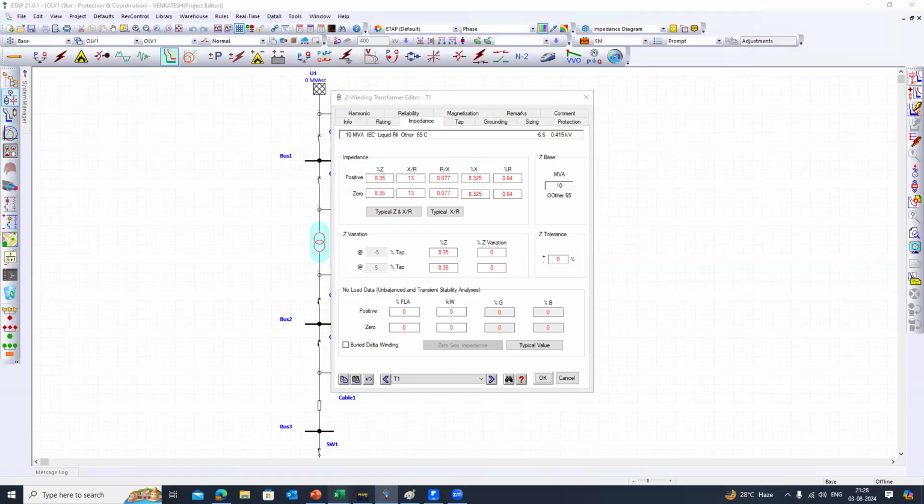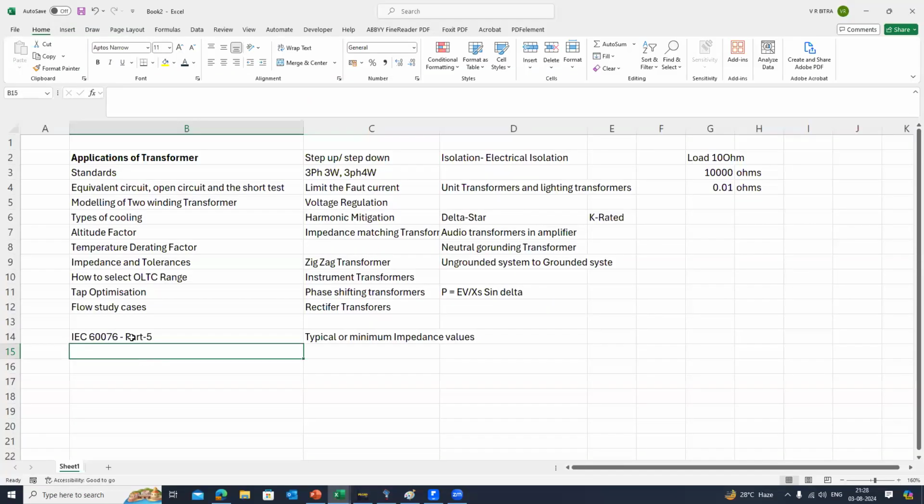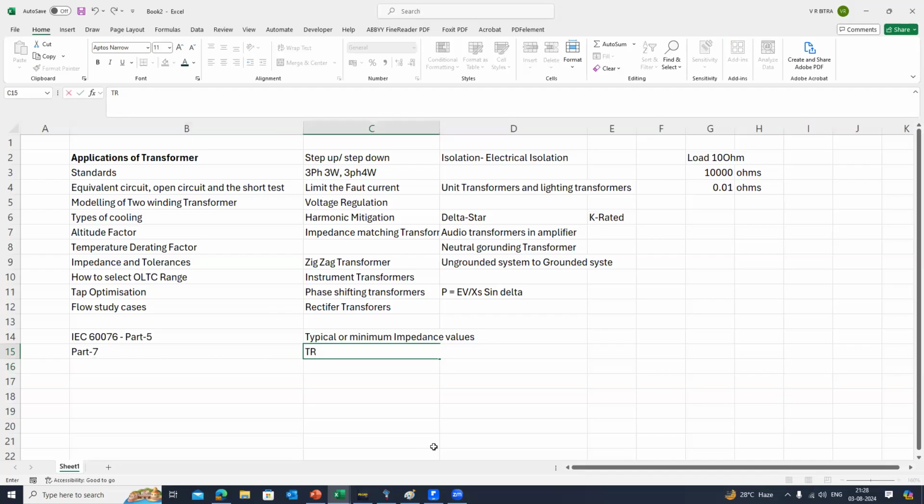Clear? Next. In addition to this part 5, you have one more important standard, that is 60076 part 7. In this, basically they mention how the transformer overloading could be. Let me get the document also.